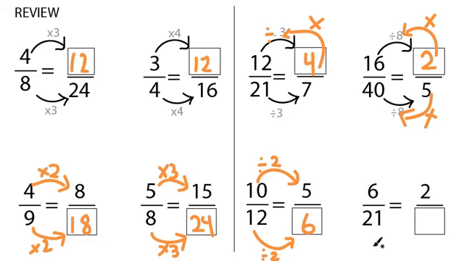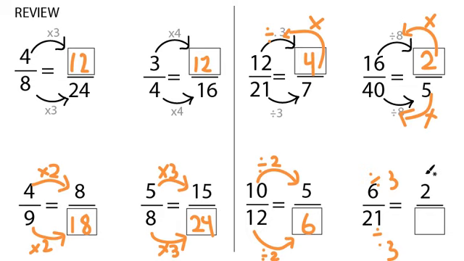Exactly. 6 times 2, 12. The last one, do it backwards. 2 times what gives you 6? Excellent. 3. So here it's a division.